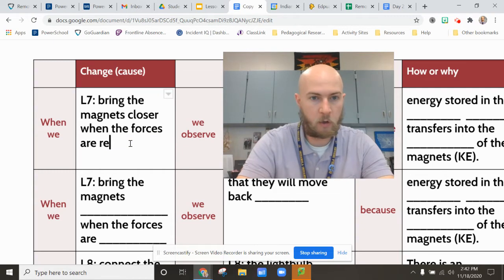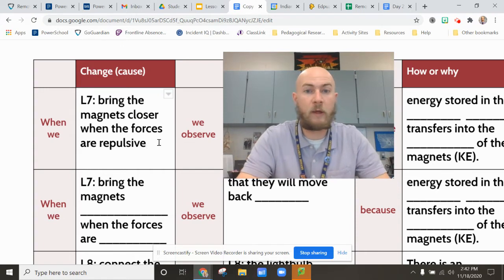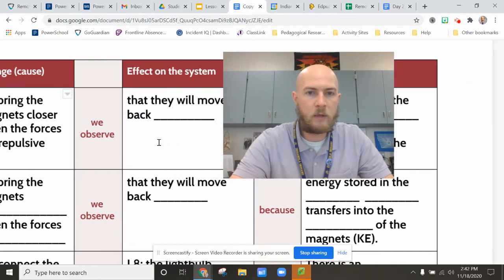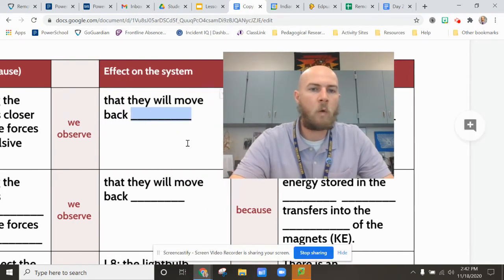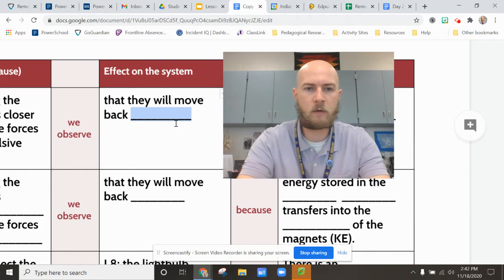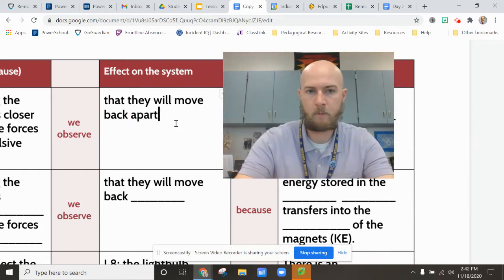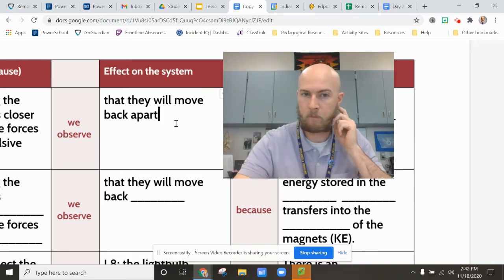Those forces were repulsive in that instance. So in lesson 7, we brought two magnets closer together when they were repulsive. And when we did that, what did we observe about them? You'll notice that if the magnets are repulsive, they will move back apart or further away.